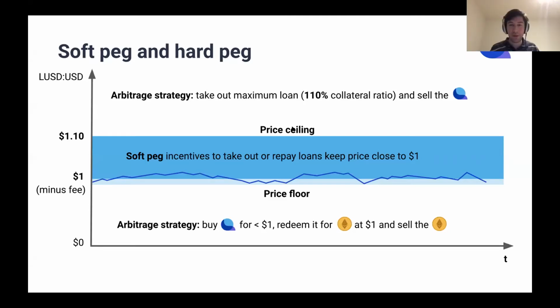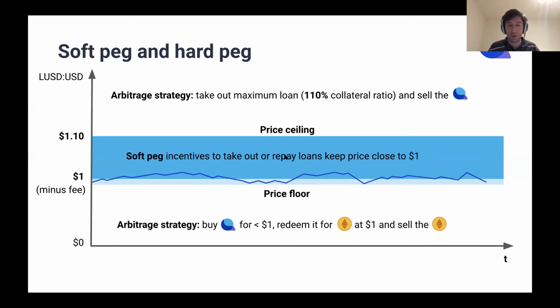So here maybe I should mention that we still have all or part of the mechanisms that other stablecoins have, like MakerDAO, which involves the soft peg mechanism. We have them here as well. We are just trying to add an extra hard price ceiling and price floor on top.